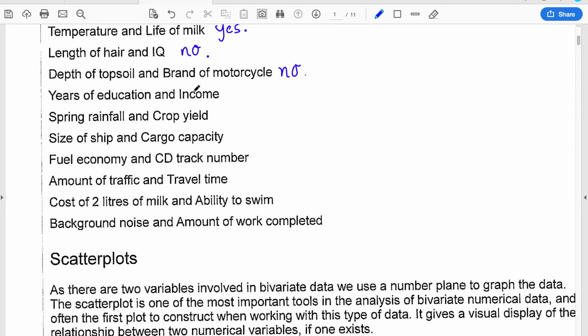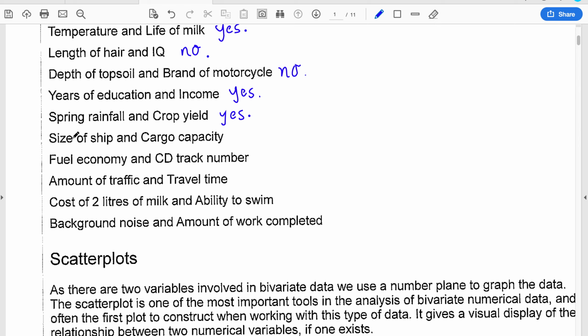It means that if you are spending many years in study, whether it be in higher education, whatever it might be, and the amount of money that you can earn, we do see a correlation between those two things. Spring rainfall and crop yield. Again, if you get some pretty good rainfall, that can have a really good effect on the crops that you are growing.